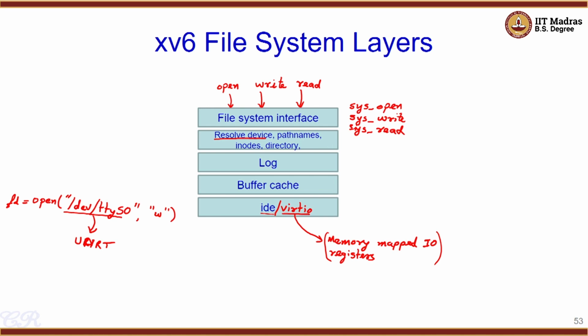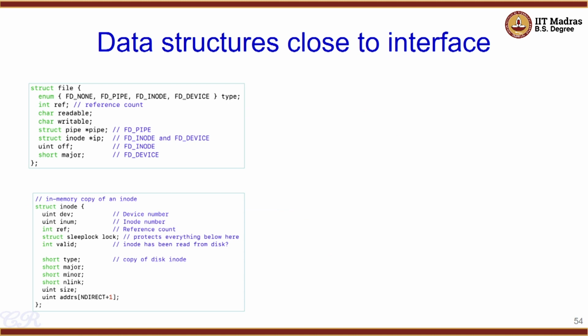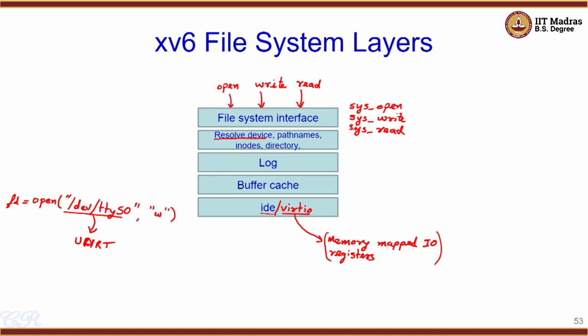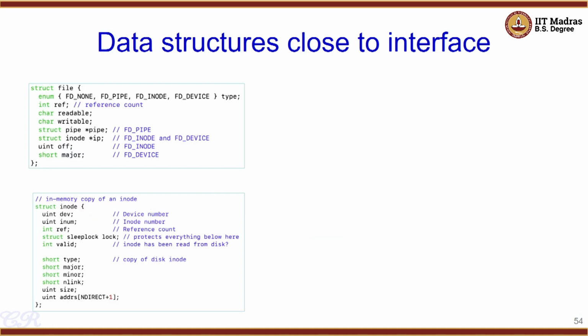We'll look at many of these blocks in more detail. One thing we're going to start off with is the important data structures. We look at the data structures that are more applicable to the top level. This would involve the file data structure and the inode data structure. The file data structure corresponds to each file.